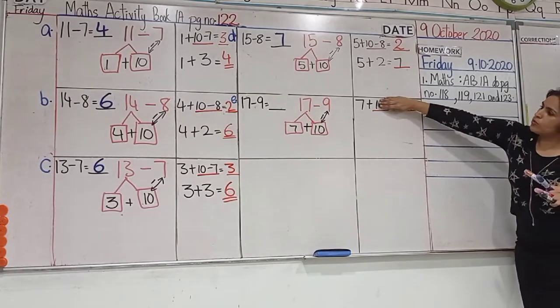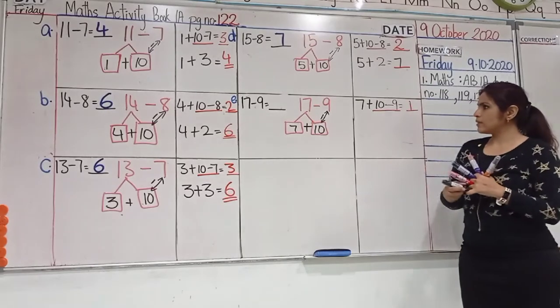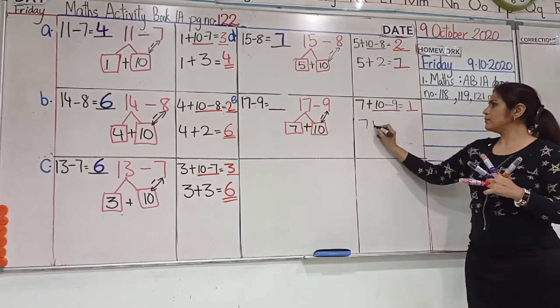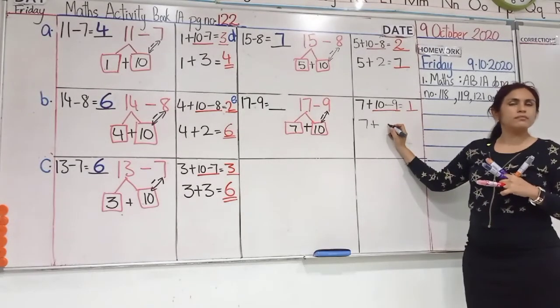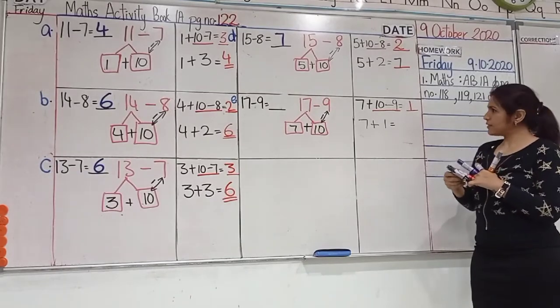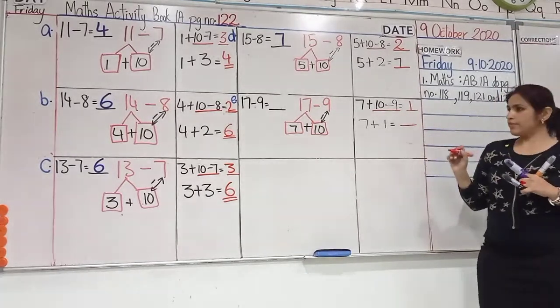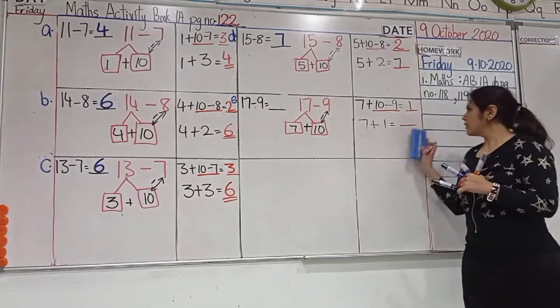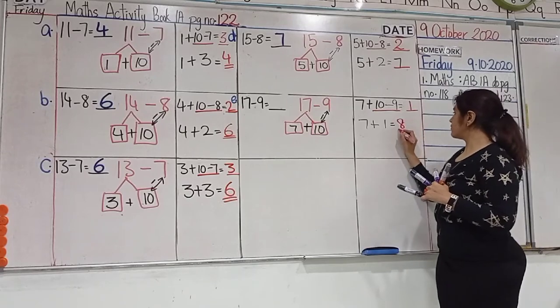We have not used this 7. 7 plus 1. Very good. Next. 7 plus 1 is 8. Very good. Sit down.